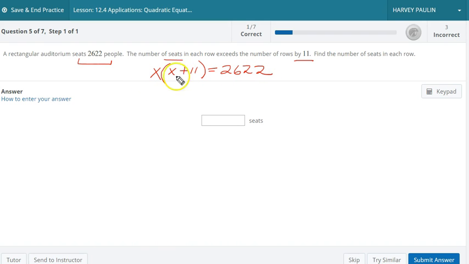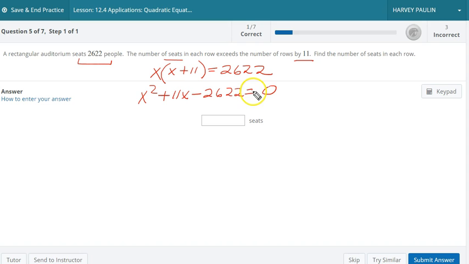Now, then our equation pops out here. This is going to be x squared plus 11x, and we just transpose this number, negative 2622 equals 0.